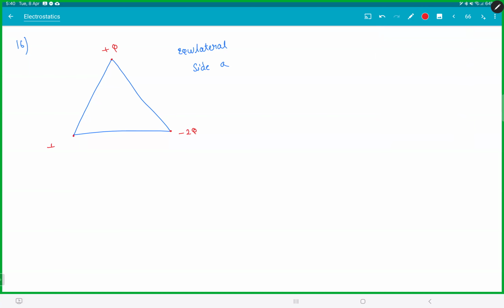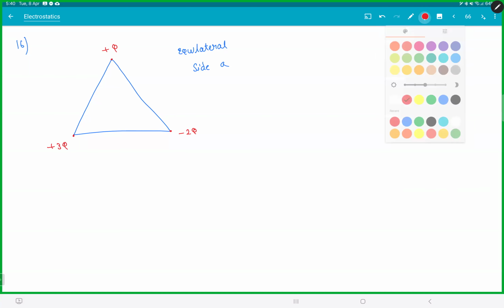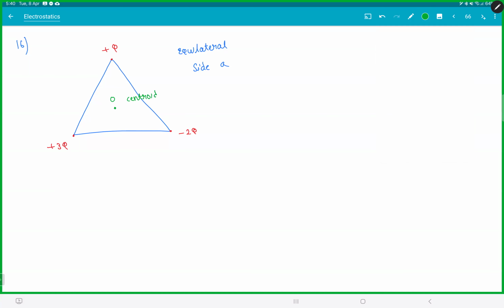Here we have plus 3Q. O is the centroid. Point A is the midpoint of this side. Find field and potential at O and A. Straightforward formulas. Let's give it a try.